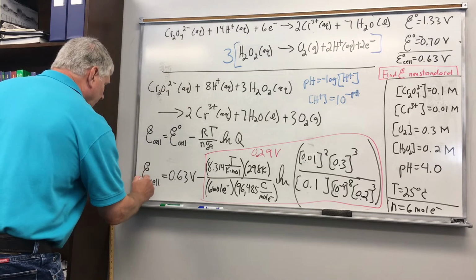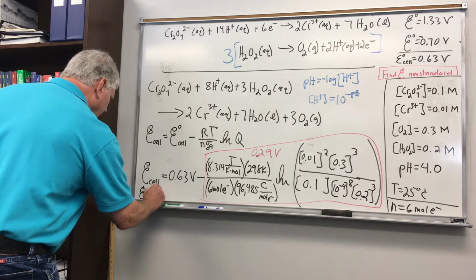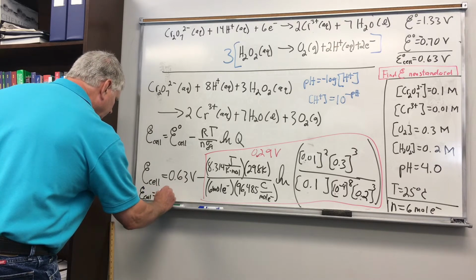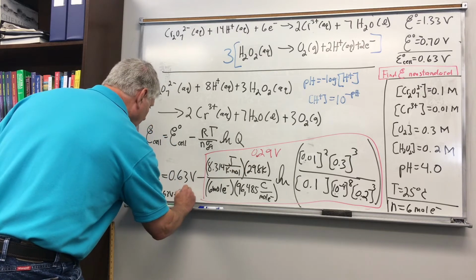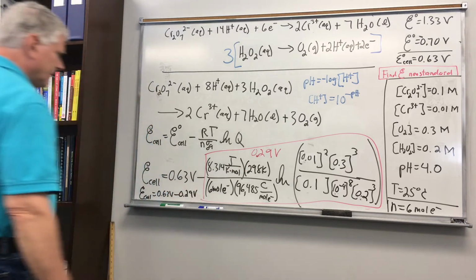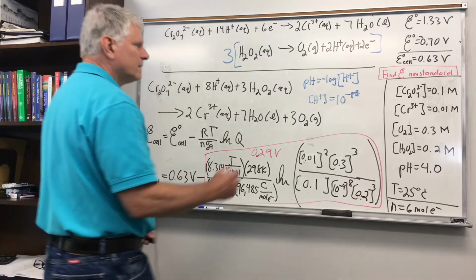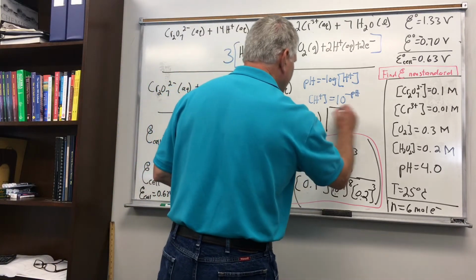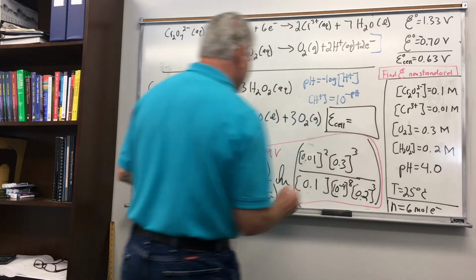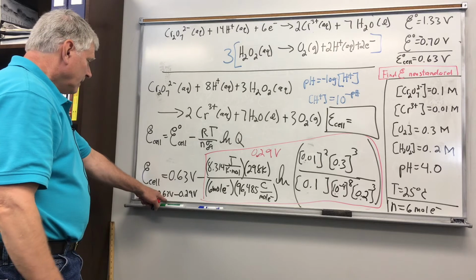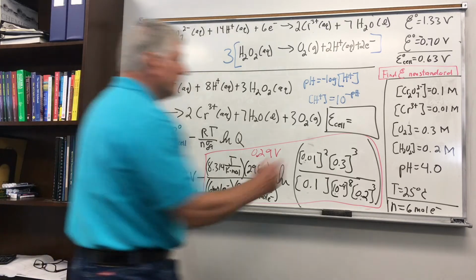So my non-standard E for the cell is going to be 0.63 volts minus 0.29 volts. So E for the cell is equal to 0.34 volts.